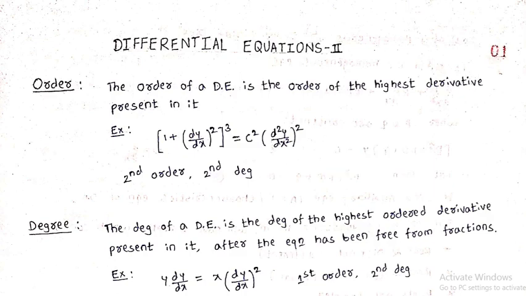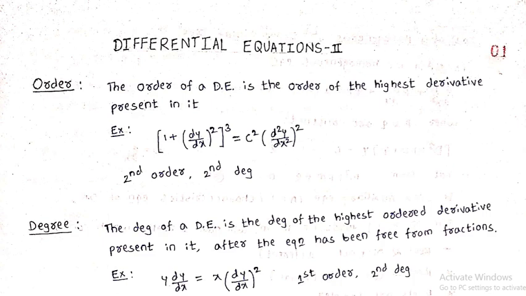You know that the order of the differential equation is the order of the highest derivative present in it. For example, (1 + (dy/dx)^2)^3 = c^2 (d^2y/dx^2)^2.